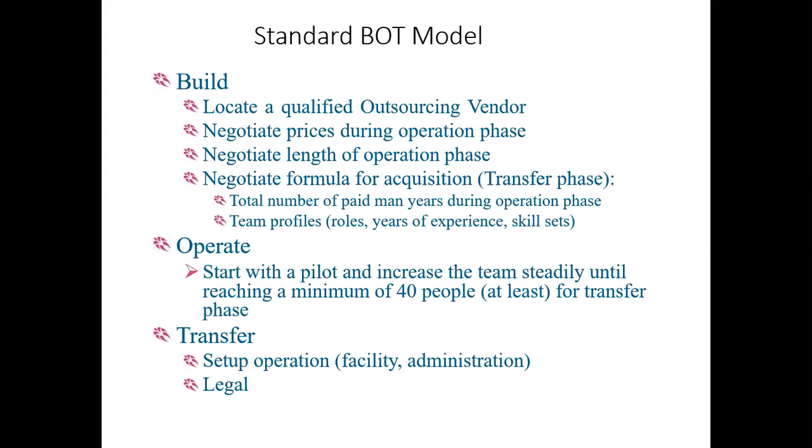Negotiate the length of the operation phase. So how long that operation should be. That particular part is also there. And the last one is to negotiate the formula for acquisition, that is the transfer fee. So suppose you take the example of Pandharpur Mohol Road, which all of you know well.